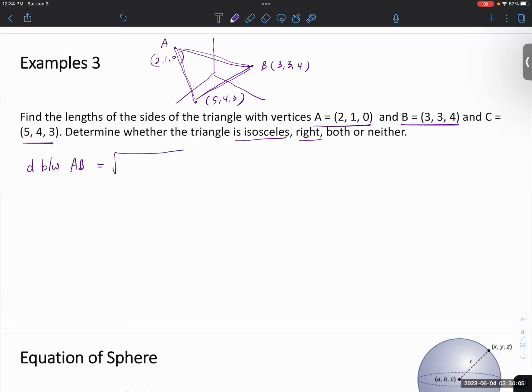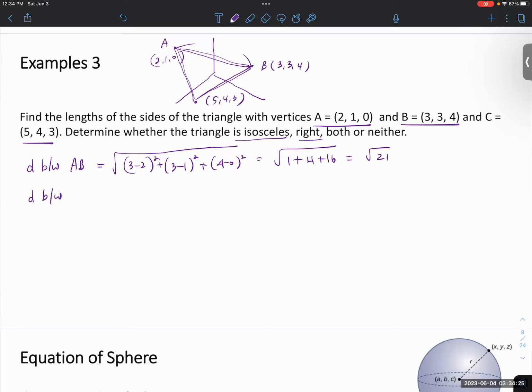A and B, all under the radical: 3 minus 2 squared, 3 minus 1 squared, 4 minus 0 squared. So we have 1 plus 4 plus 16, which is 21. So this is the distance between A and B.